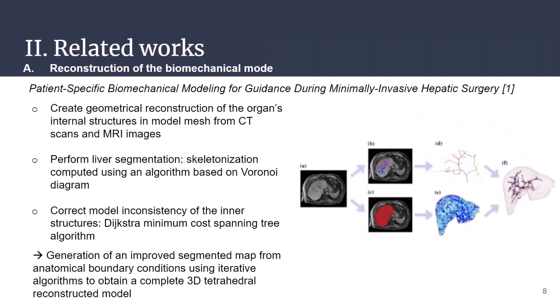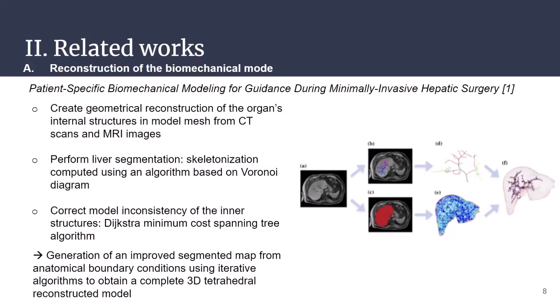We will pass on to related works. One of the papers we researched is the patient-specific biomechanical modeling for guidance during minimally invasive hepatic surgery. As you can see, this paper's methodology made the reconstruction of the organ's internal structures into a 3D model, and then they performed segmentation on the liver to determine a 3D biomechanical model of that liver.